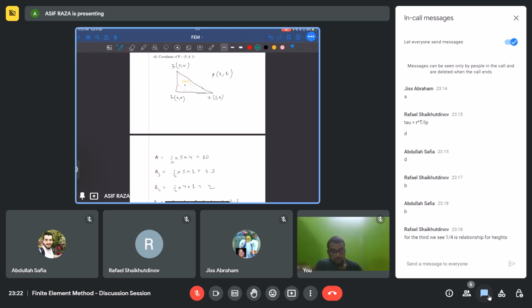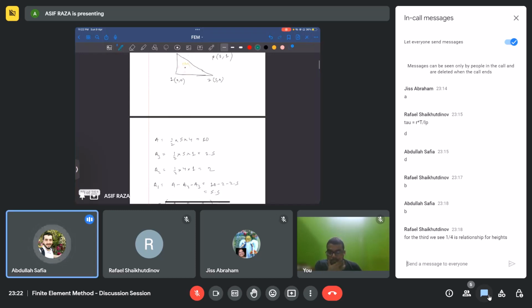Still didn't get it. Okay, actually he means the triangle in front of the point, not A3. We can just make a ratio between the heights. The height is 1 for P for the smaller triangle to the total height, which is 4. It's 1 by 4, so 0.25, which is the last triangle.